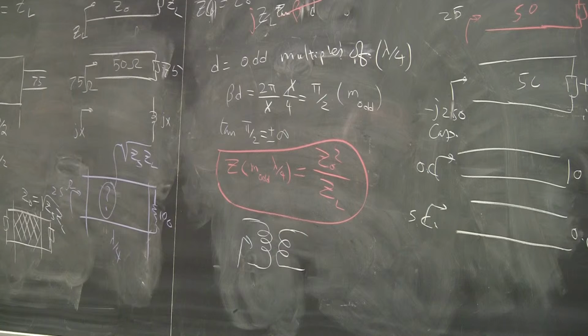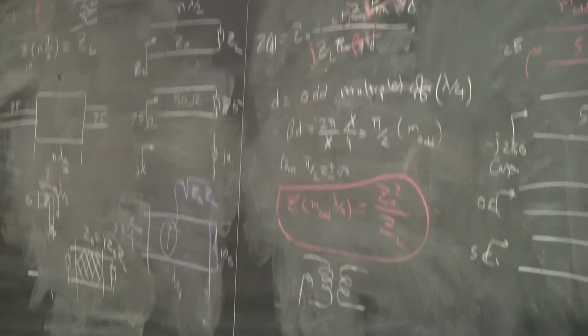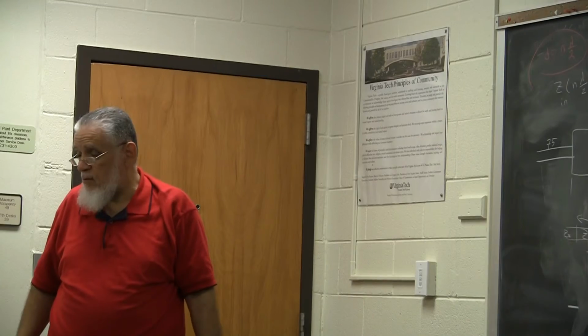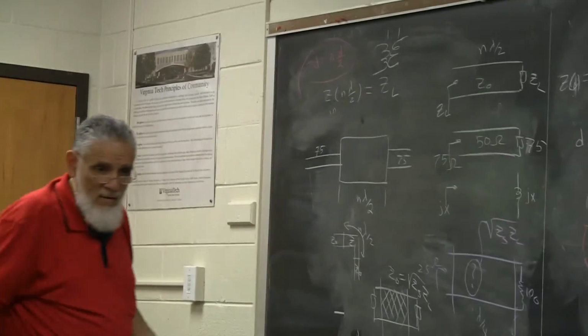Now, any section of line is an impedance transformer. But these particular two are straightforward expressions that have lots of applications. Next time when we try to do matching, we will select the section of line to get us the impedance that we want, right, for a particular matching characteristics. We are done. Thank you very much.